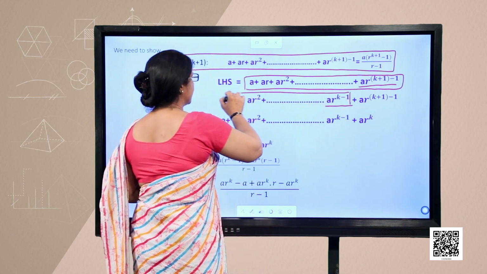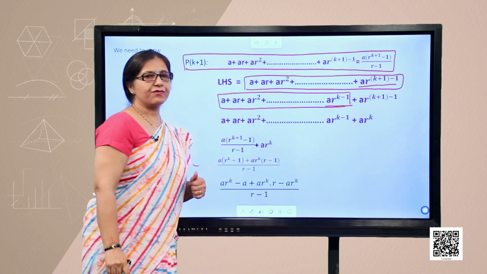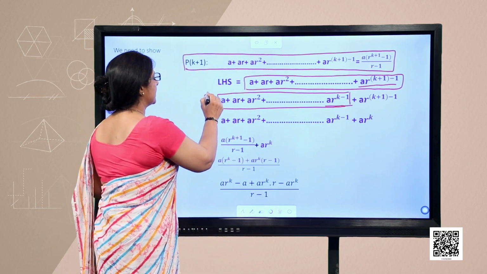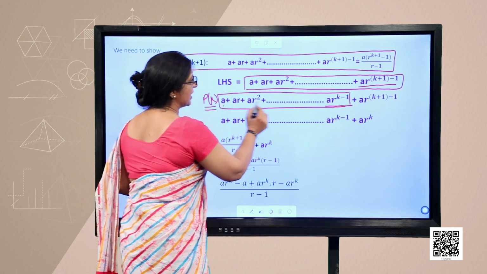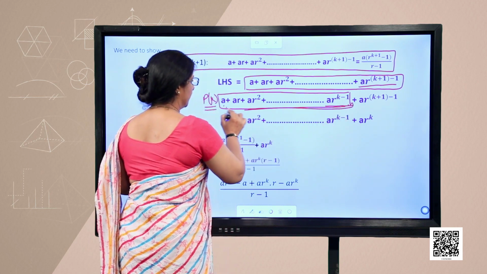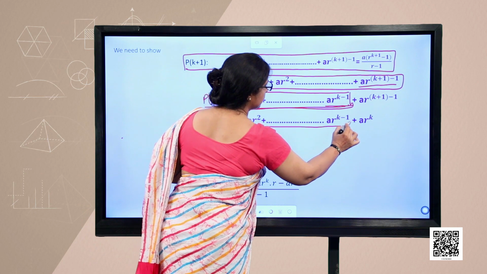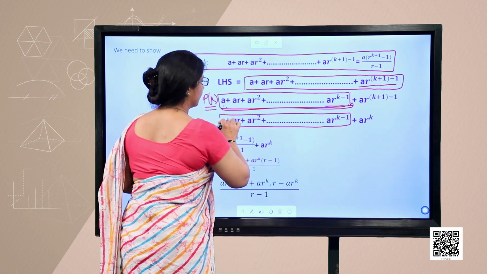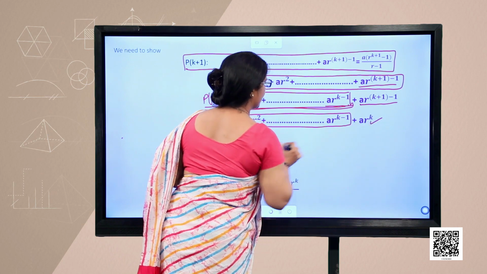And this is nothing but equation number 1, which is Pk. From the Pk expression we can replace this entire term like this. This is Pk, and after solving the k plus 1th term we get ar to the power k.